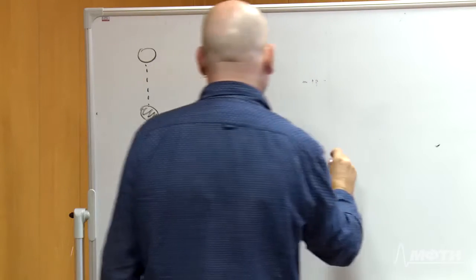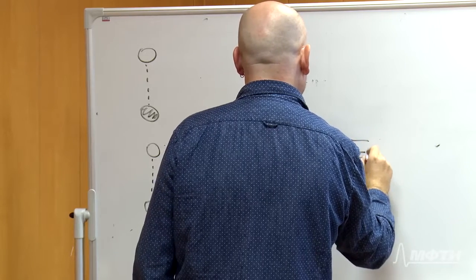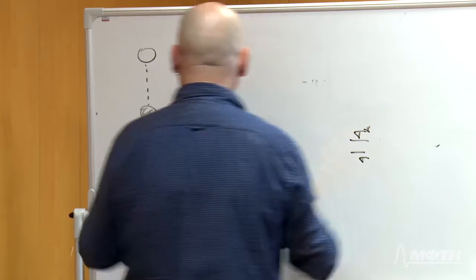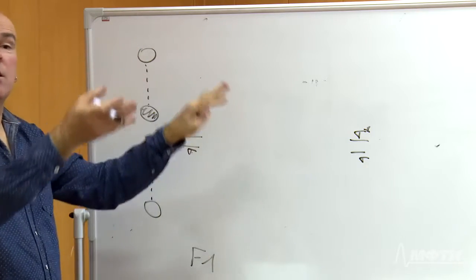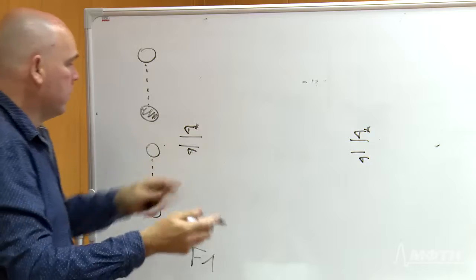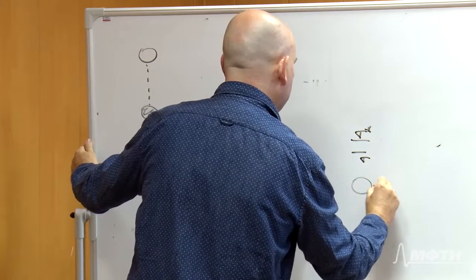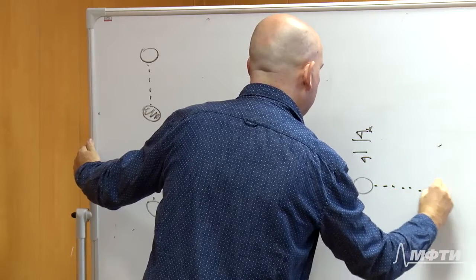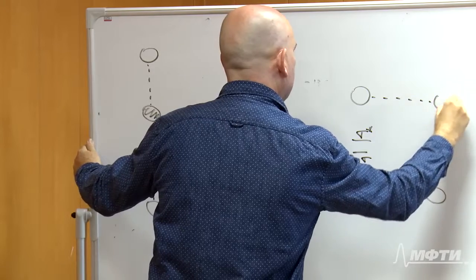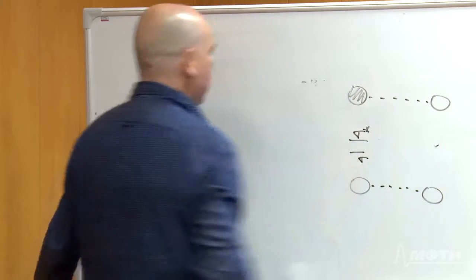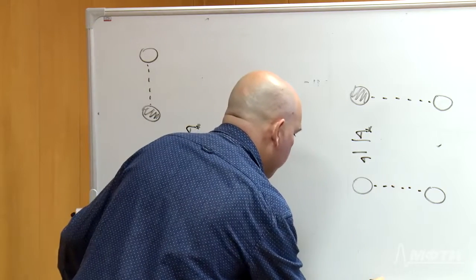The other will also be sigma and sigma star, at the same level; you have only to switch your fragment by 90 degrees, and you will get the same. So we have F2 now.